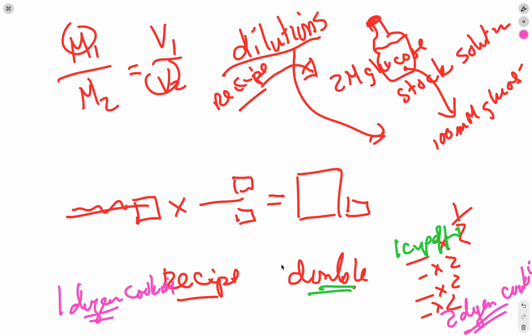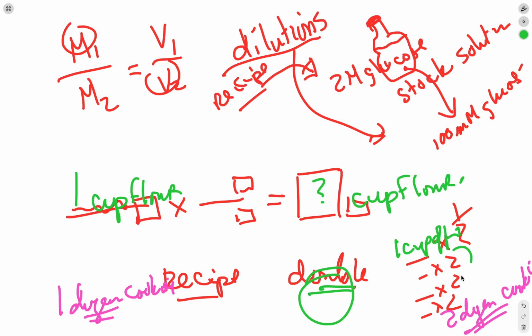And so what you're doing when you double a recipe is you're saying, well, the recipe calls for 1 cup of flour. The first ingredient is 1 cup flour. And I want to know how many cups of flour should I use. And you can see already that this fraction is going to be 2.